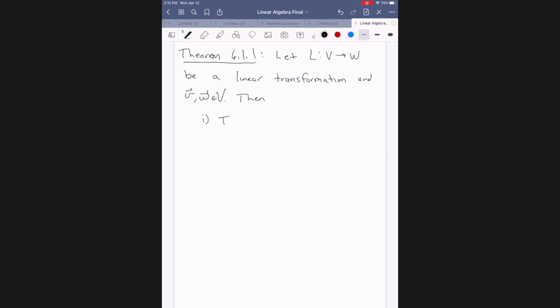L applied to the zero vector is always just the zero vector. L of the negative of v is equal to negative L of v. L of u minus v is equal to L of u minus L of v.